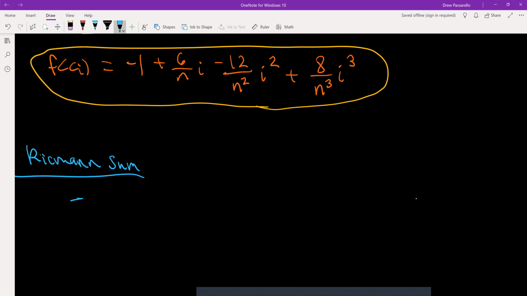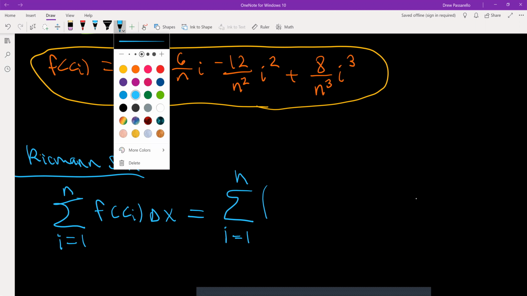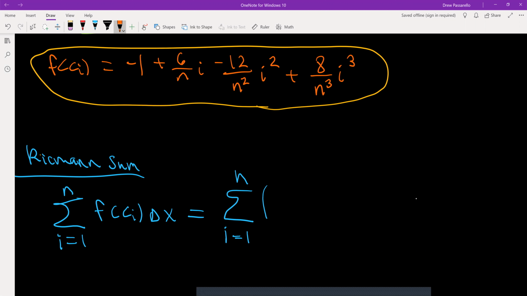So our Riemann sum is going to be the following. I'll put in orange what f of c_i is. Okay, so that's all of f of c_i.